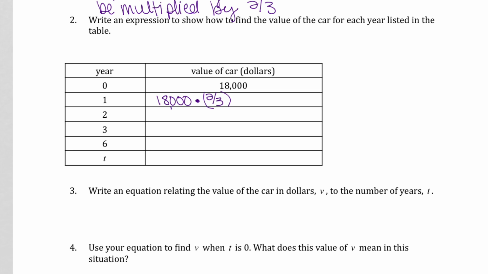So how am I going to write that? Not quite. So we're going to say 18,000 times 2/3 times 2/3. We're multiplying it by 2/3 again. Okay. What am I going to do for year 3?